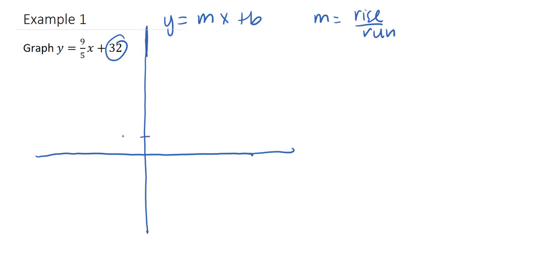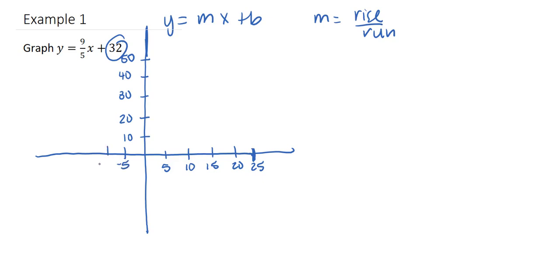So let's go ahead and think. This is 10. This is 20. This is 30. This is 40. And this is 50. Then for the x, let's go 5, 10, 15, 20, 25.